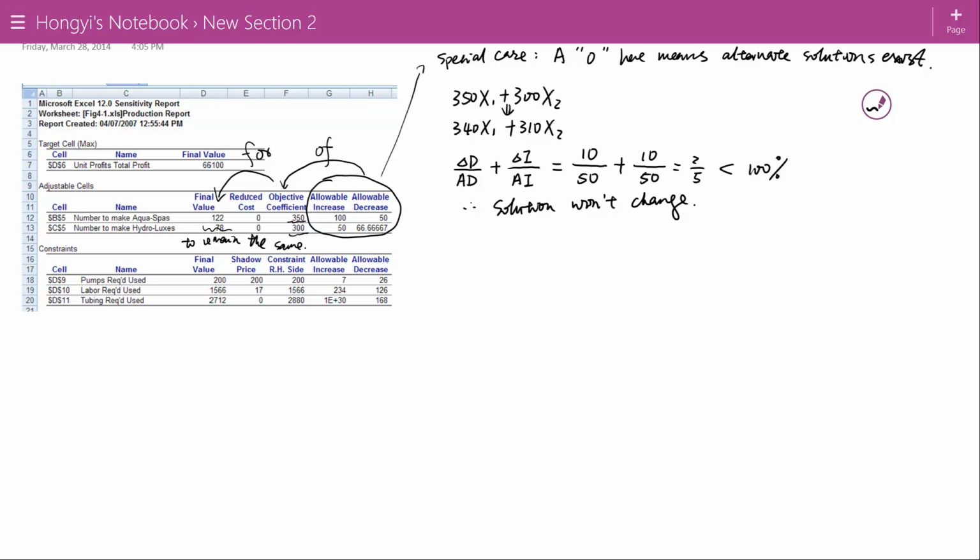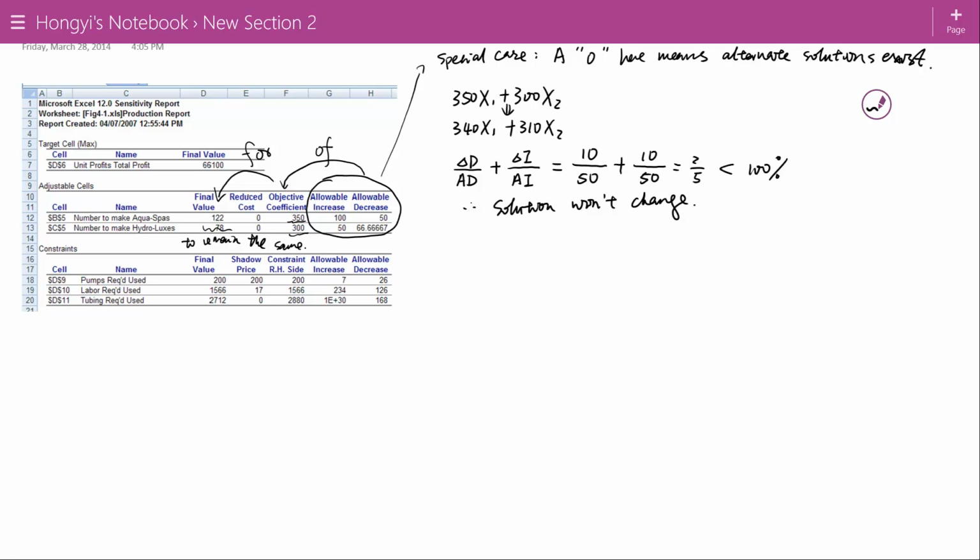Yes? So what do you mean by solution will not change? The x1, x2 values won't change. Meaning only the variables? Right. That's what solution means, right? Solution means the decision variable values. But what does allowable increase or decrease mean? Like the profit going from 350 to 500. So if it goes beyond the allowable increase, to 500, it will change for sure.